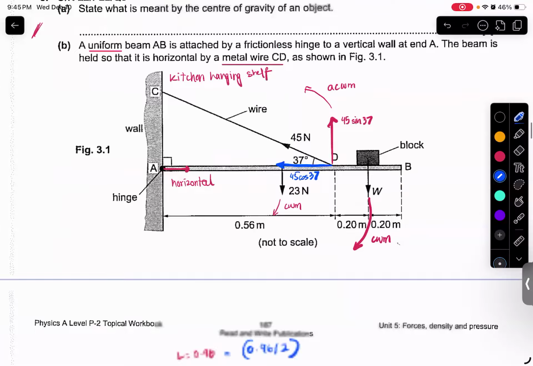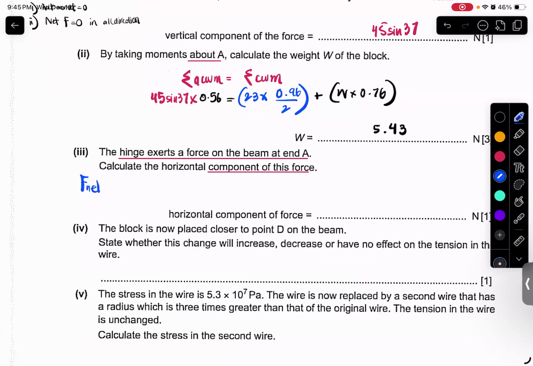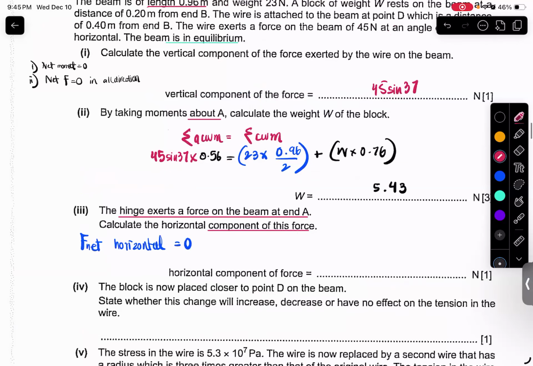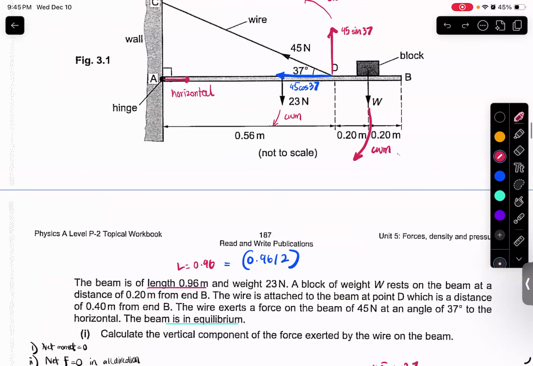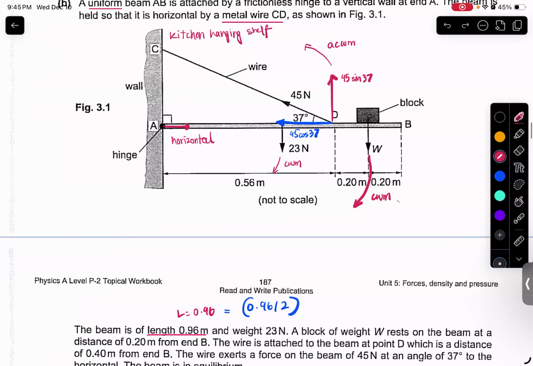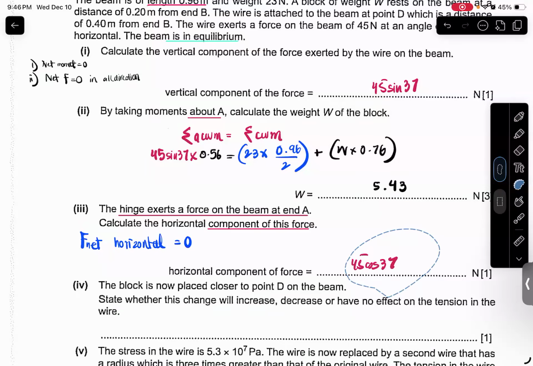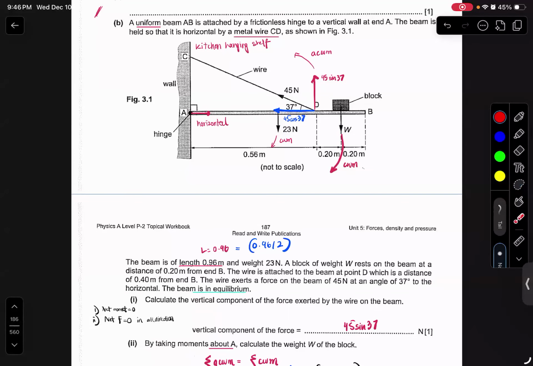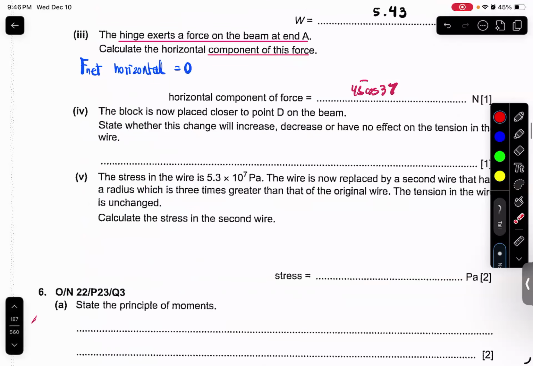And if the beam is in equilibrium, then F net horizontally is zero. Then the horizontal force by this hinge should be equal to the horizontal force by this wire, because there are no other horizontal forces acting. So this is supposed to be 45 cos 37, whatever that answer is. Does that make sense? Yes. Okay.